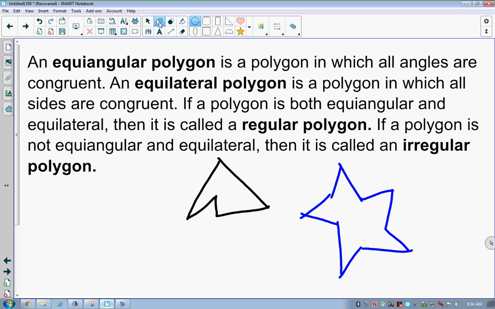Yeah, you would think that's not a regular polygon. Okay, that's irregular, because it's not equiangular, and, well, I guess it might not be considered irregular because in this case, all of the line segments might be congruent.